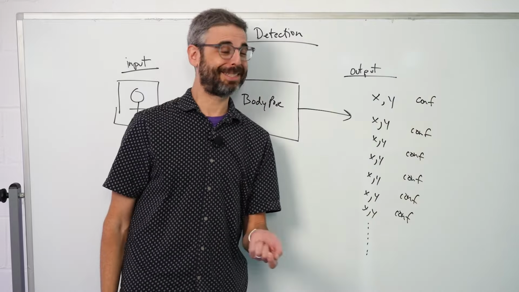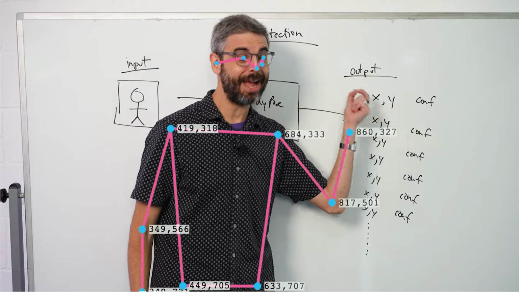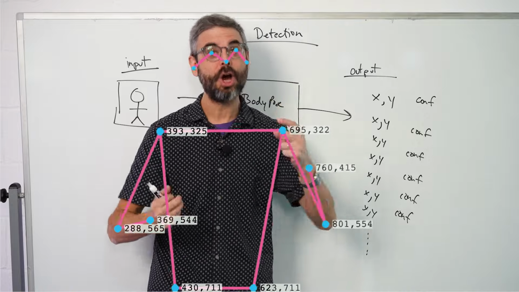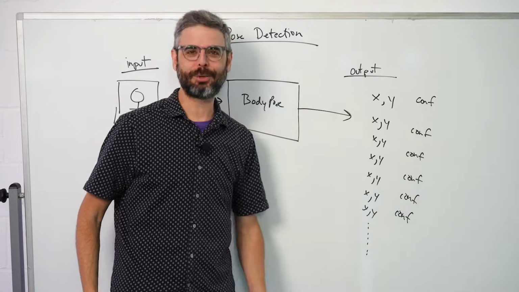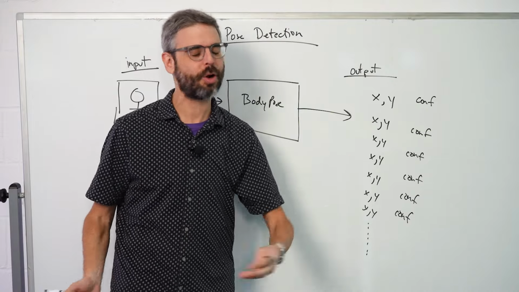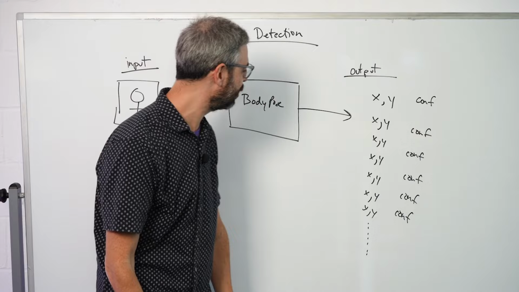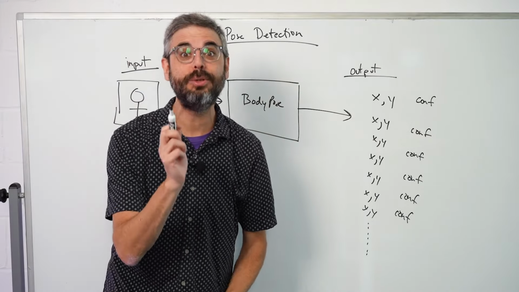The reason why this is called pose detection is each one of these XY pairs corresponds to a key point on the body. So how do you know how many XY pairs there are and which ones correspond to which body parts? Well, it actually depends which BodyPose model, which pre-trained model you choose to use.